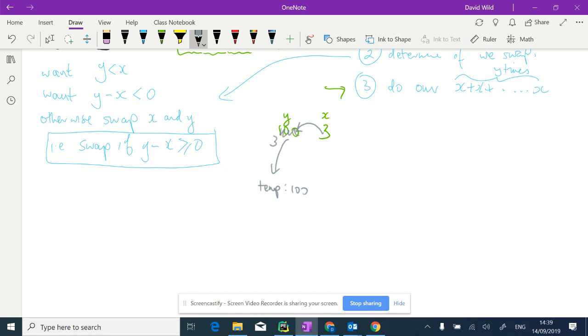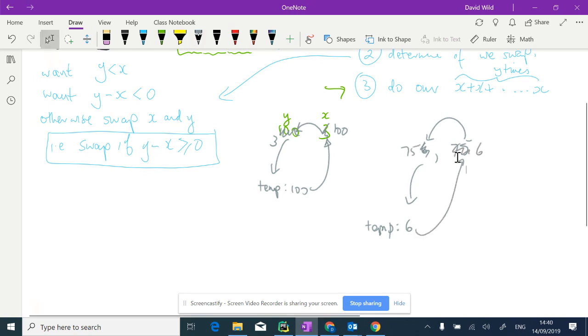Okay? So let's say we were swapping 6 and 75. I copy this out to a temporary variable, and then I swap this into here, so that becomes 75, and then I swap this back into here, so this becomes 6, and I swap them around. Okay, so I can't just throw that into there because I override what's in there and I lose what was in there. And that's what I'm doing in this swap part of the algorithm here.